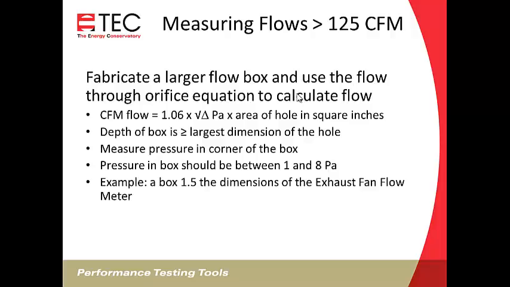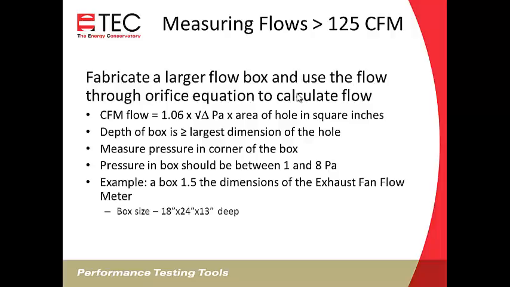And an example of a box would be just go 1.5 times the dimensions of the exhaust fan flow meter. So then you'll have something similar to what the exhaust fan flow meter is, where you have a hole that's off to one side of the box and you're measuring pressure over on the other side.